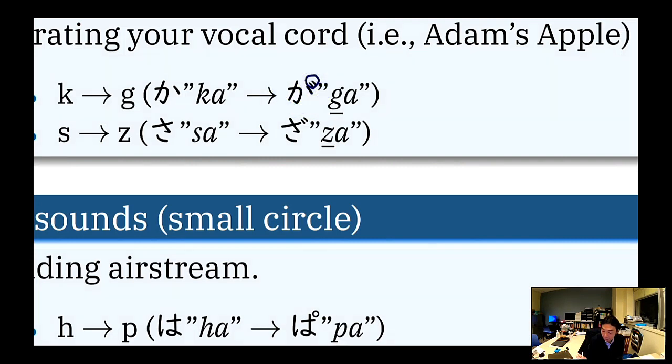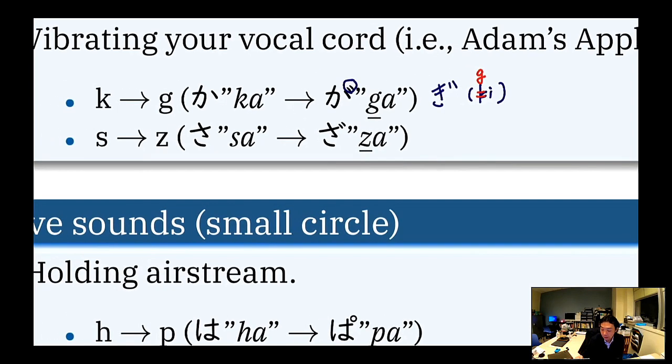By adding these two dots, K sound becomes ga. So how do you pronounce this one? Without two dots, it was ki, but since it has dots, K becomes gi.